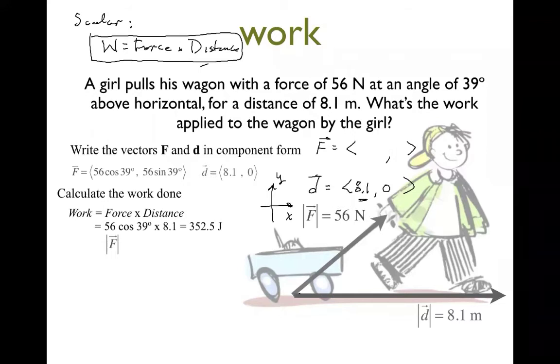All right, so notice what this is. This is the magnitude of the force times the cosine of the angle between the vectors tail to tail times the magnitude of d. So this is a new way to calculate the dot product.